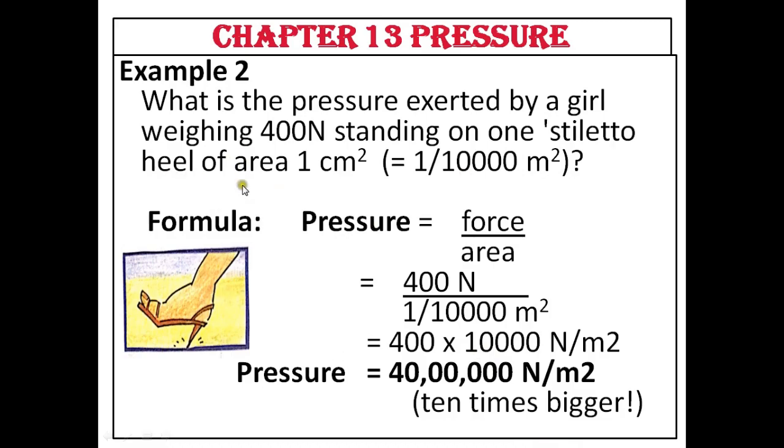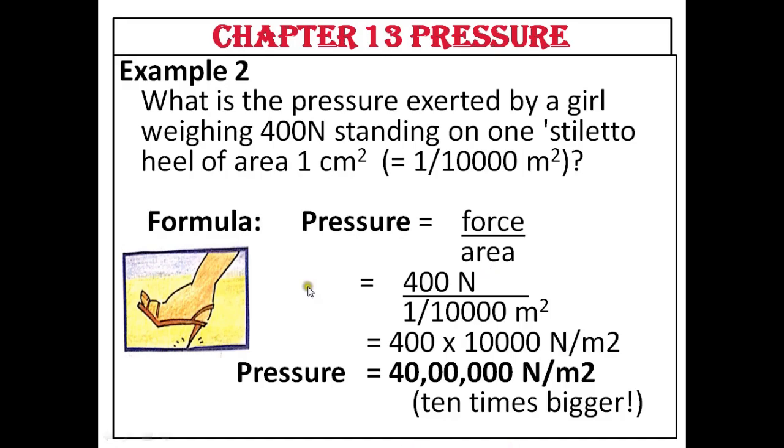So the pressure exerted by the girl standing on one stiletto heel is 40 lakh newtons per meter square. Based on this we can say that in the first example, the elephant exerts a larger force because the elephant is heavier.